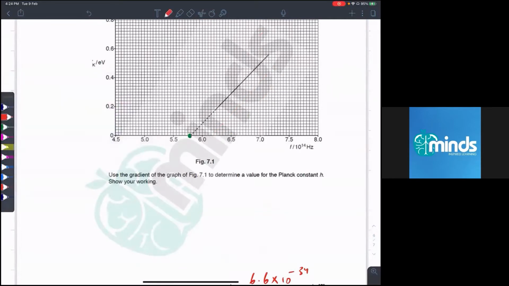But the work function of the new metal is 6.9 or 7. So the graph will be something like this: a straight line parallel to the given line and touching the frequency axis somewhere around 6.9.